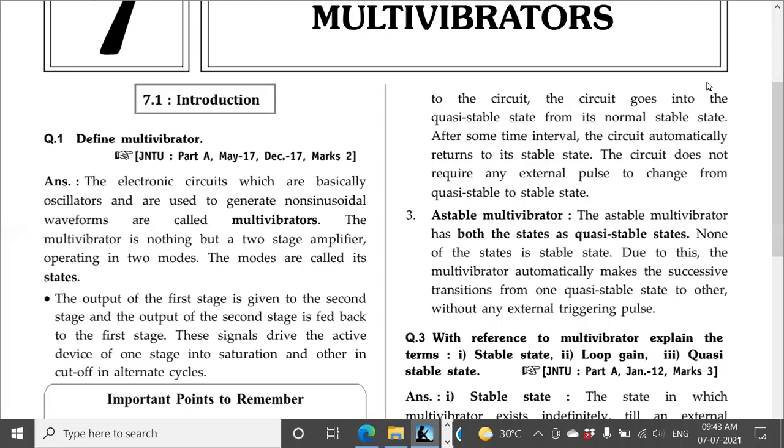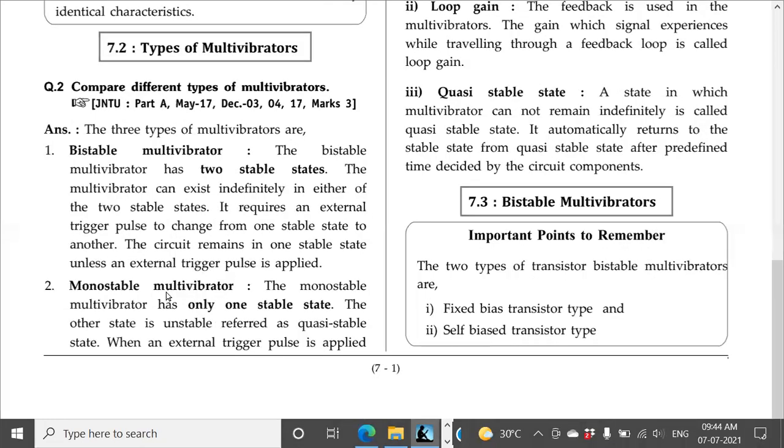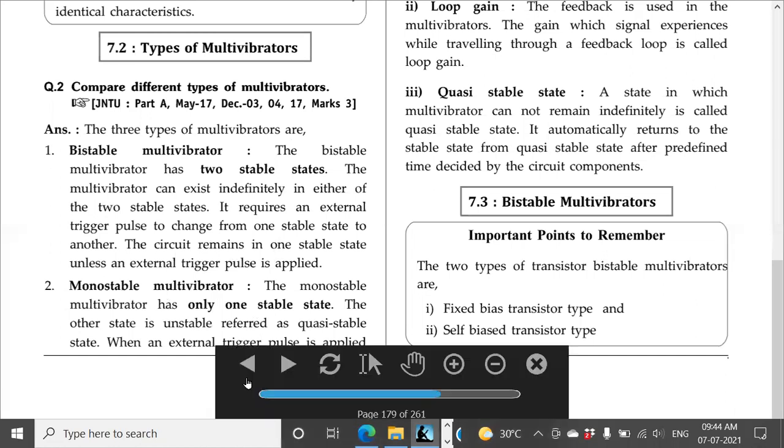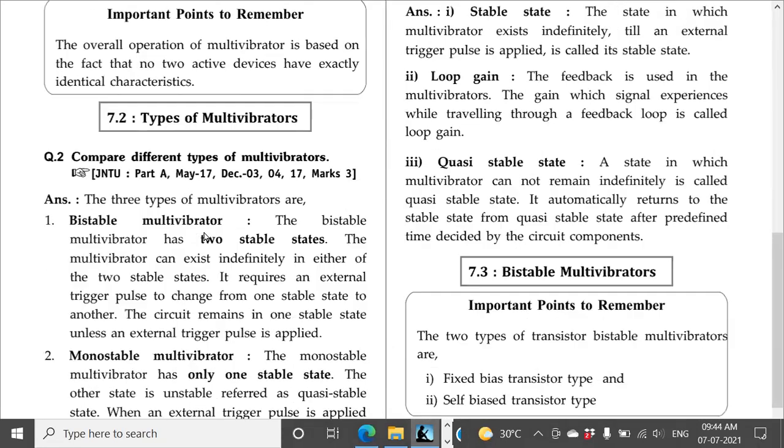Quasi stable state means it is going to switch from that state to the other state. For example, when we discussed the monostable multivibrator, initially it is in the low state, which is the stable state.